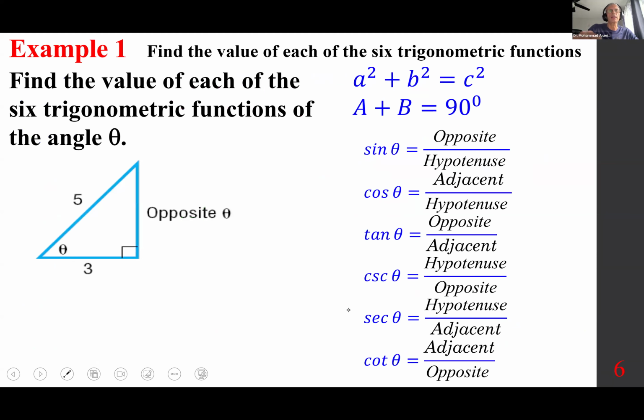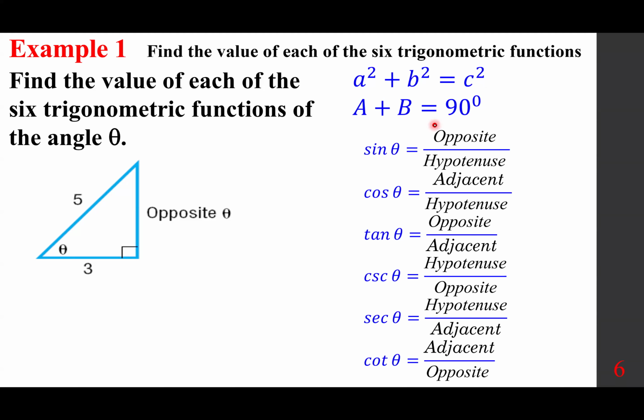Now, as an example, in this case we want to find the value of each of the 6 trigonometric functions of the angle theta. That means we want a, b, c, and capital A, capital B, capital C. These are the information for any right triangle: a squared plus b squared equals c squared, and so on.